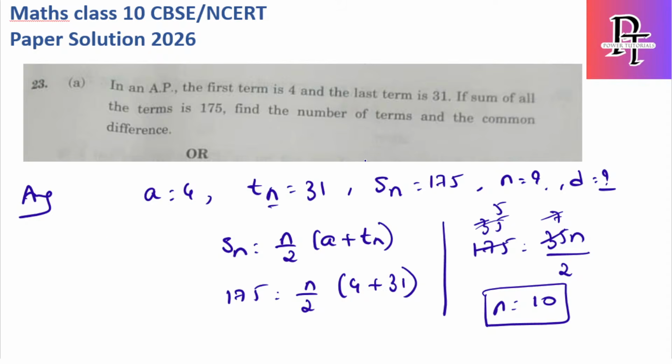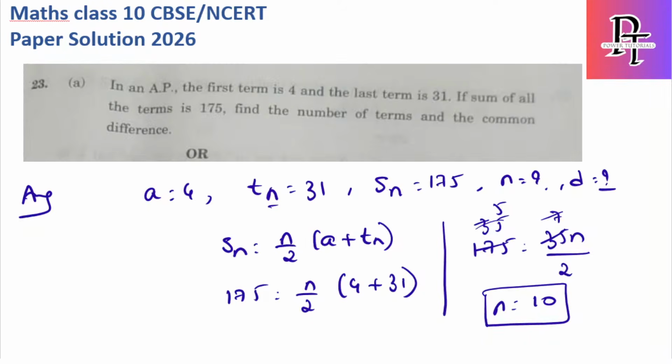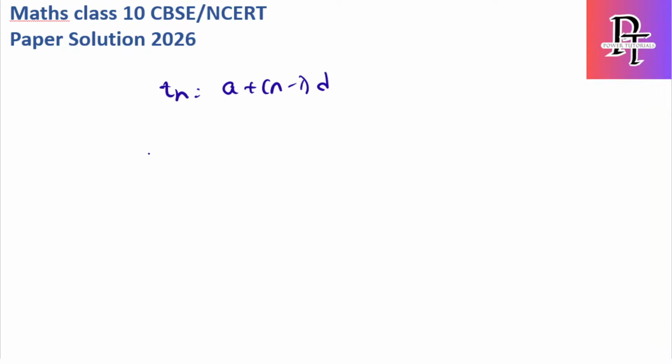What about d value, they are asking, so let's use the Tn formula to get the d value. Tn formula is a plus n minus 1 into d. So Tn, what they are asking, wait, not 175. What is the Tn value? Tn is 31.